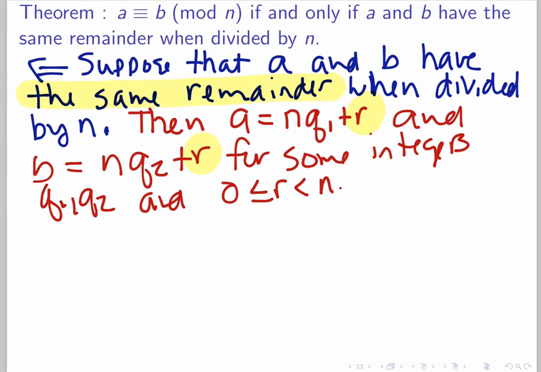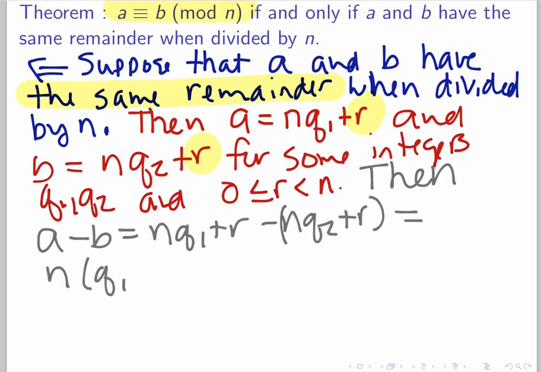So now I know my given and I know what that means. I want to concentrate on what I need to prove. I want to prove that A is equivalent to B mod n, and by definition, that means that n divides A minus B. So I need to take a look at A minus B and see what it is. That's just n times (q1 minus q2).